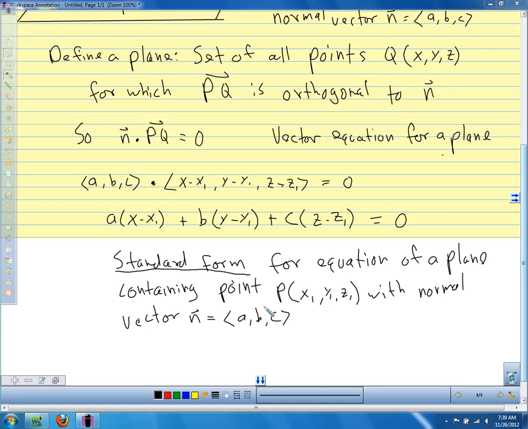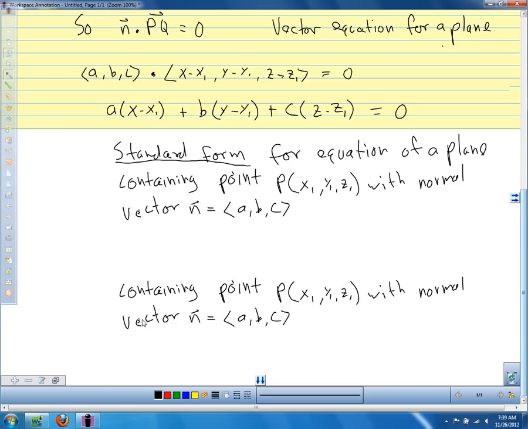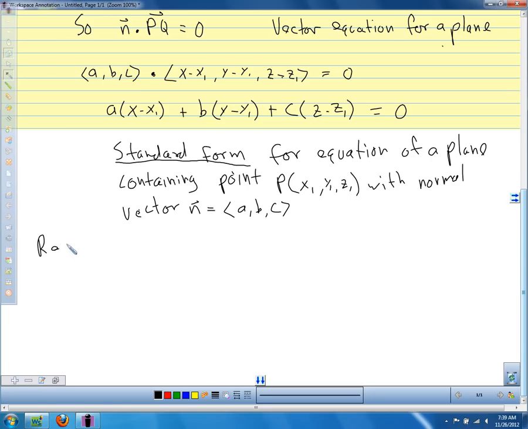And we can regroup terms here. So if I distribute and regroup, I can write this another way that you'll often see the equation of the plane: ax plus by plus cz plus d equals 0.